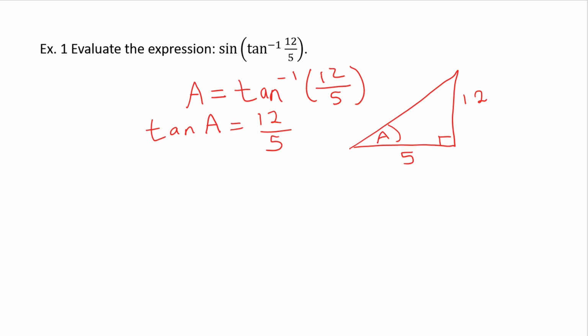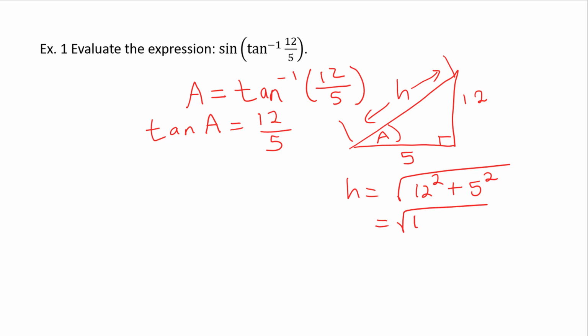That is, the hypotenuse is going to be the square root of 12 squared plus 5 squared, which is the square root of 144 plus 25, which is the square root of 169, or 13.